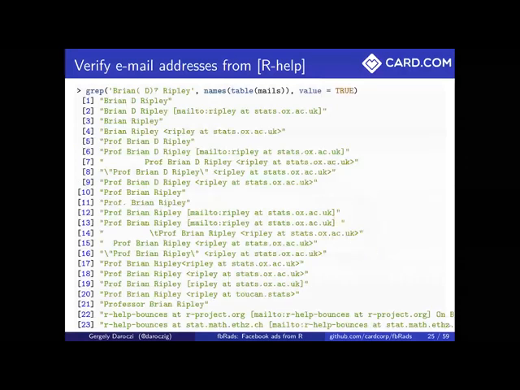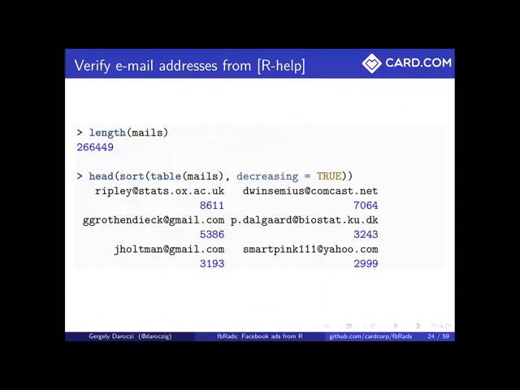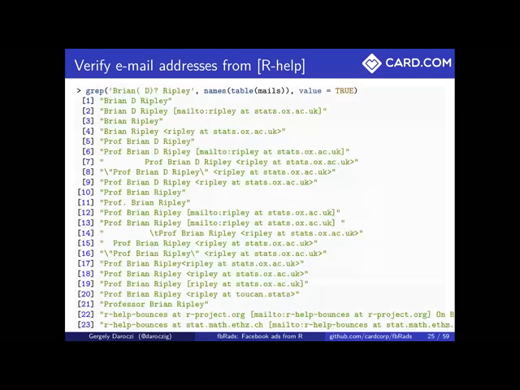All right. One limitation of this quick and very dirty approach, just to verify if we did a good job or not: Professor Brian Ripley had at least 25 different email address and name combinations. So when I matched for this email address, that was a lot lower than the actual number of emails sent by the professor.